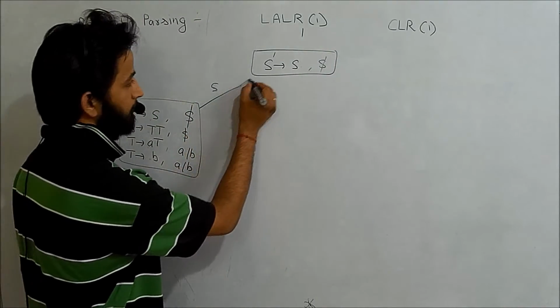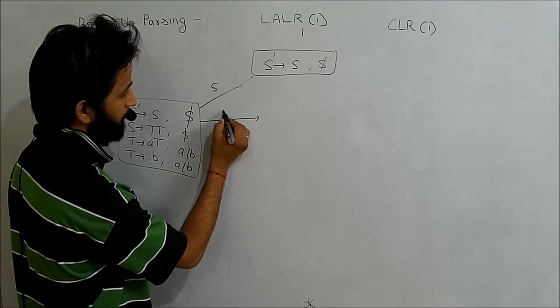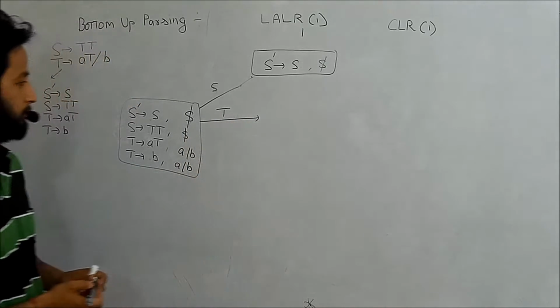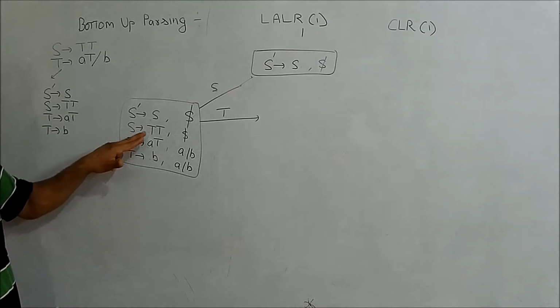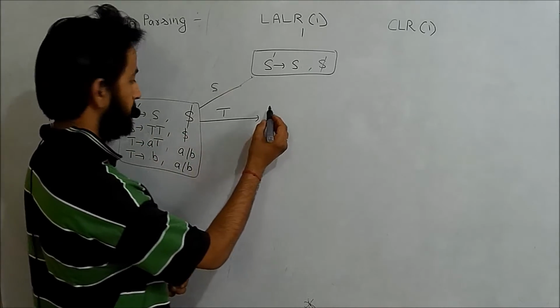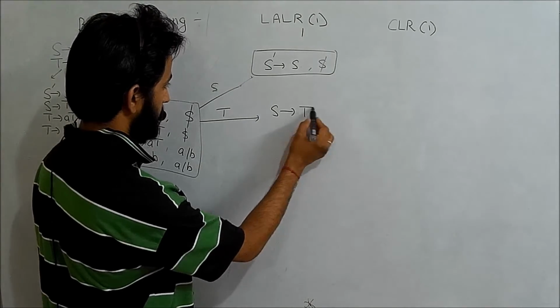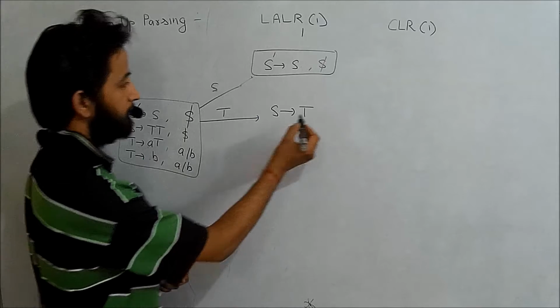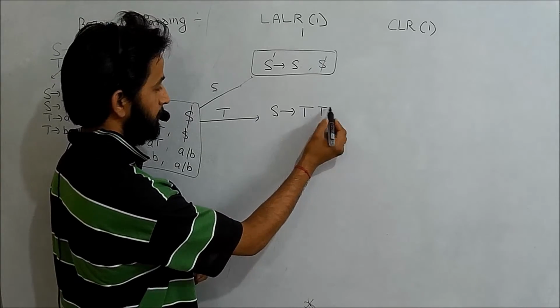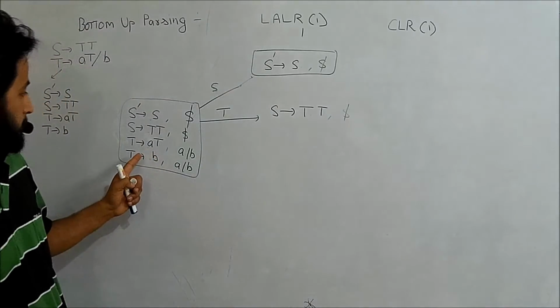Okay, this is the final item and nothing that I have to write the closure, so this is okay with that. Okay, so next we have is T. So when we move the dot to the right hand side of T, this will become S derives T dot T, and look ahead will be dollar.